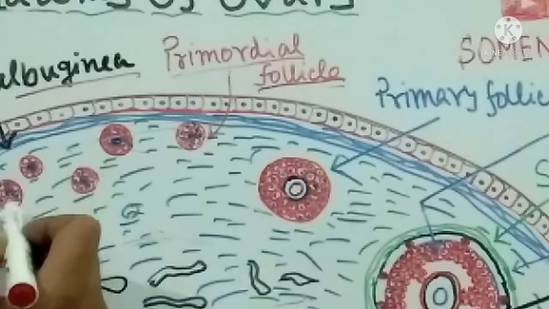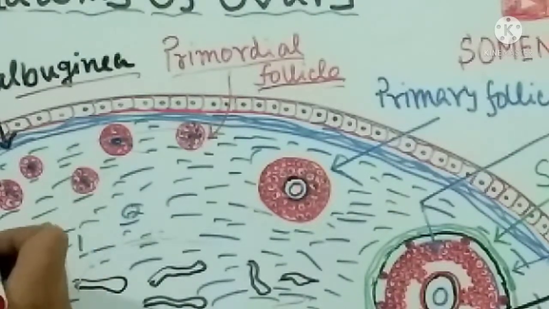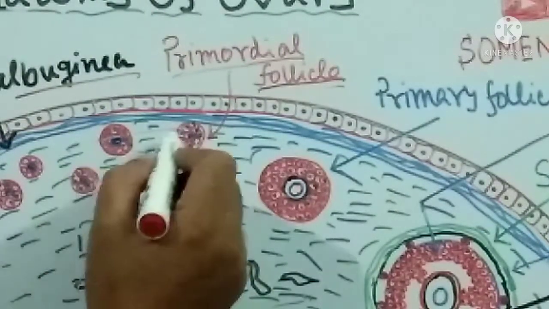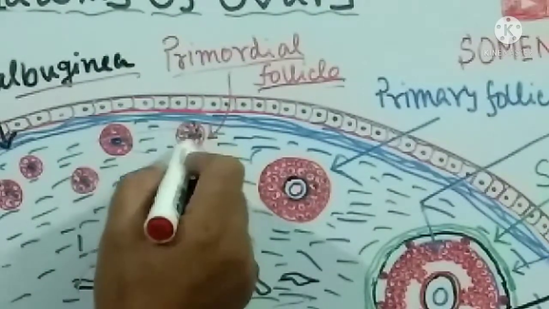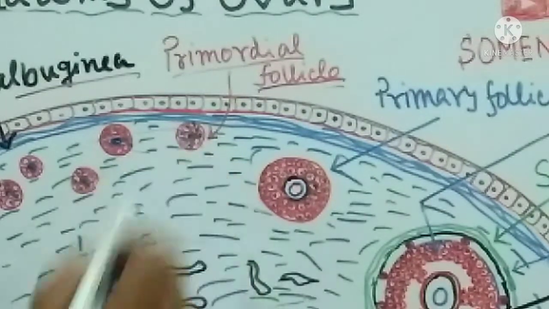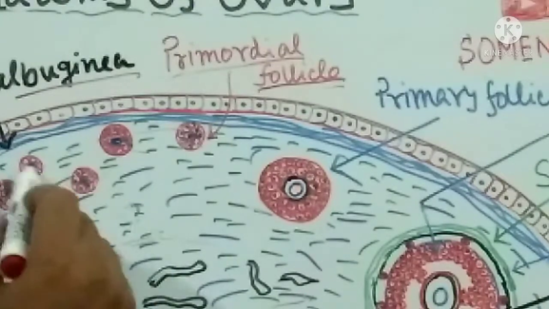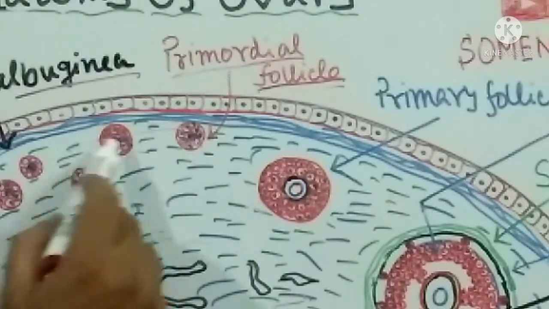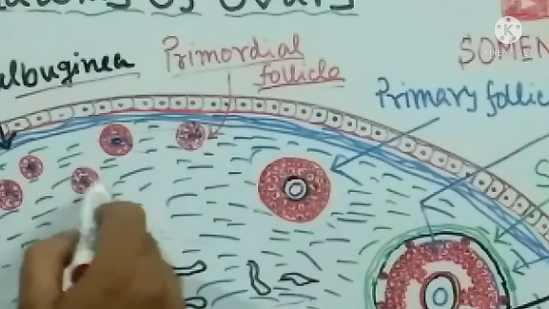These cells are called follicular cells. These follicular cells are also called granulosa cells. Primordial follicles are small and found at the outer edge of the cortex.